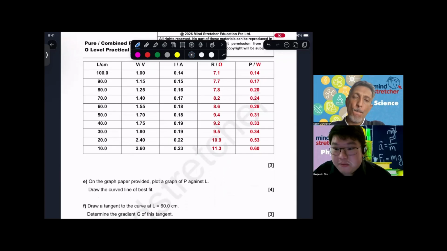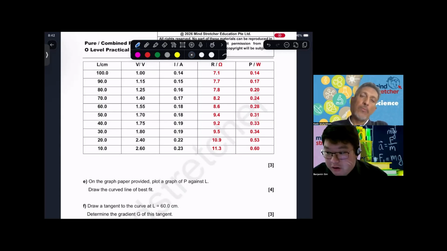For the next part, this is where I want you guys to try on your own. With the values given to you in this table, plot the graph for yourself.